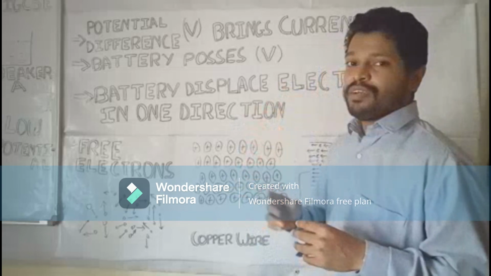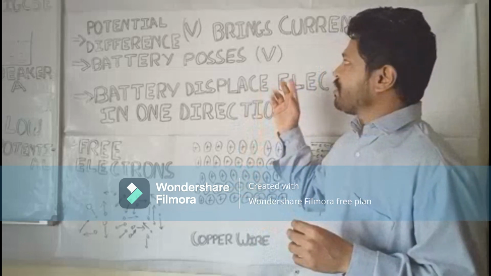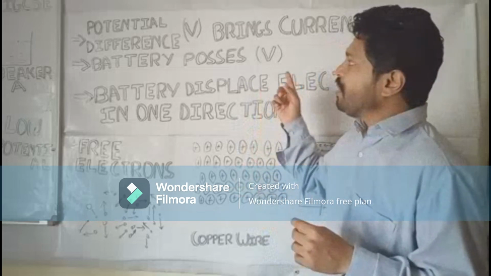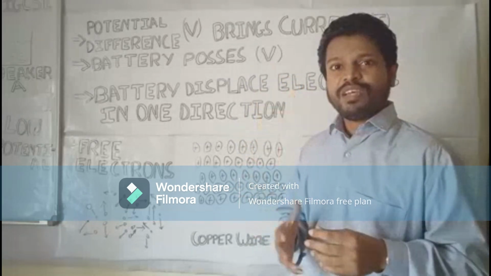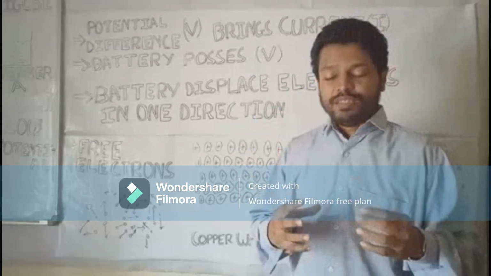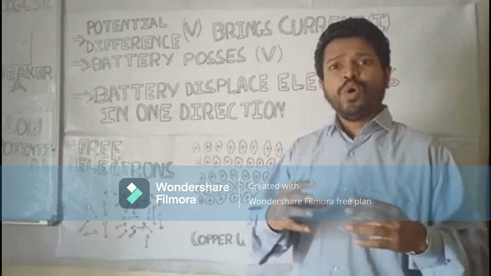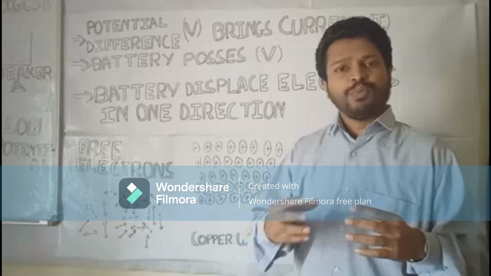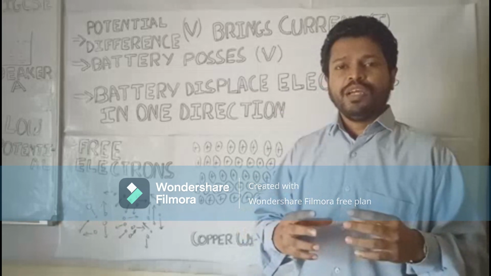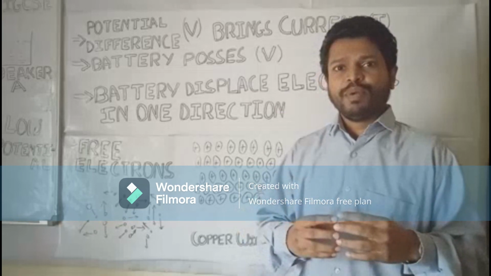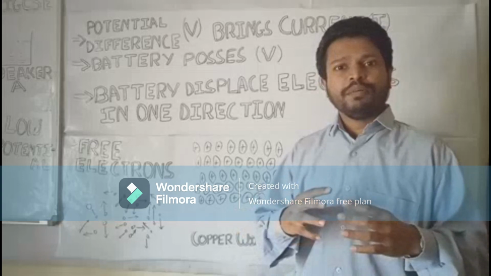And a battery, you can see over here, battery possesses V. What is V? V is the potential difference itself. A battery is the togetherness of two or more cells. 1.5 volt cell is there. If you connect 1.5 volt plus 1.5 volt, it becomes 3 volts.